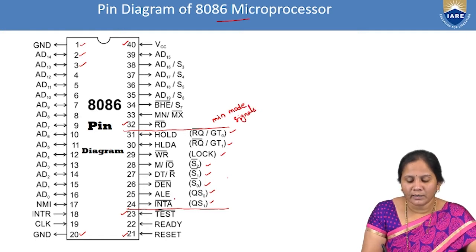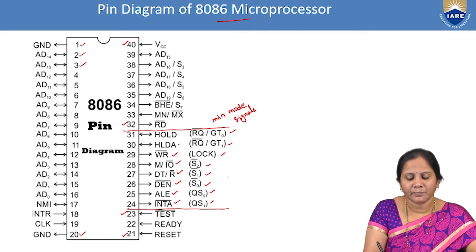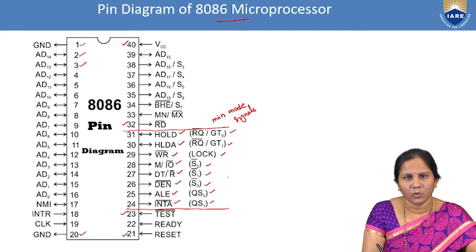Okay. Again, the pins from number 24 to 31 have another function also, that is INTA bar, interrupt acknowledgement, ALE, address latch enable, DEN, data enable, DT by R bar, data transmit and receive, M by IO bar, memory and IO, write, HLDA, which represents hold acknowledgement, and HOLD, which represents hold.